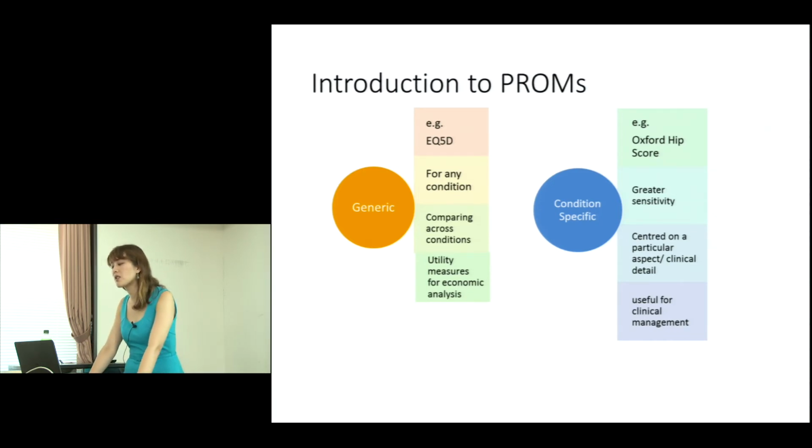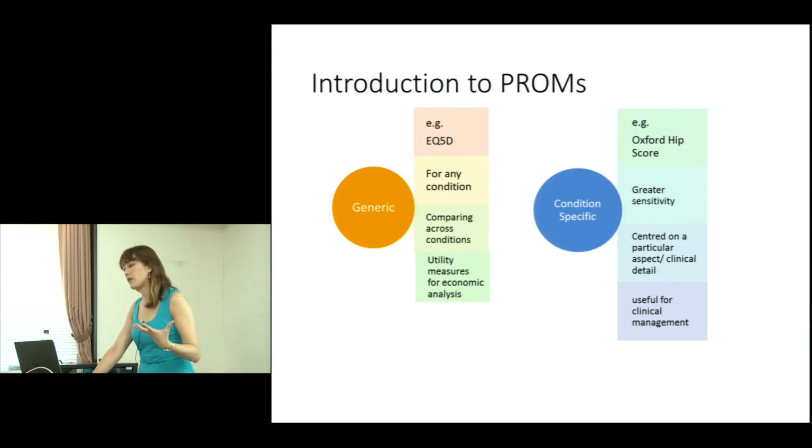And then there's also condition-specific PROMs, which are usually used alongside the generic PROMs because they have greater sensitivity and specificity to the conditions being used, to the relevant clinical details.